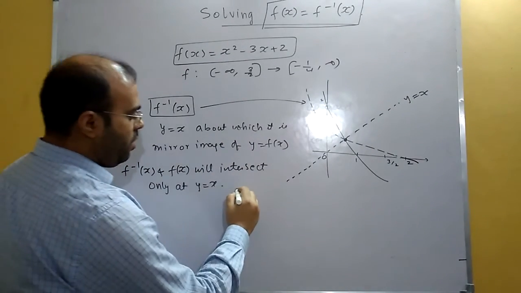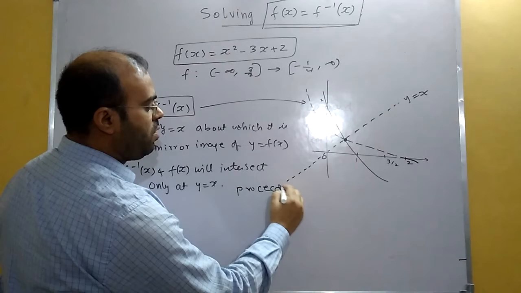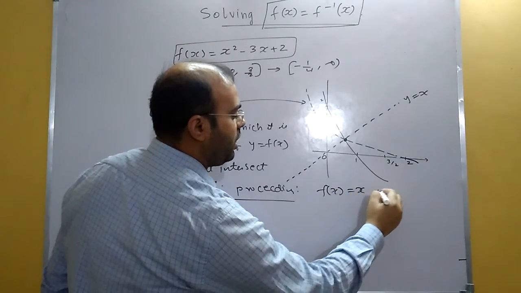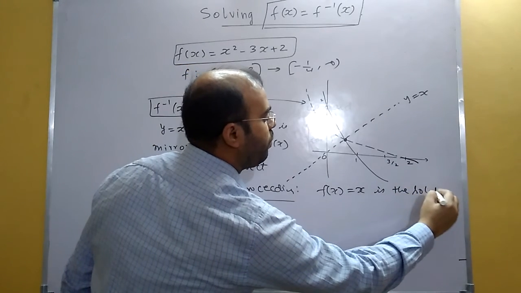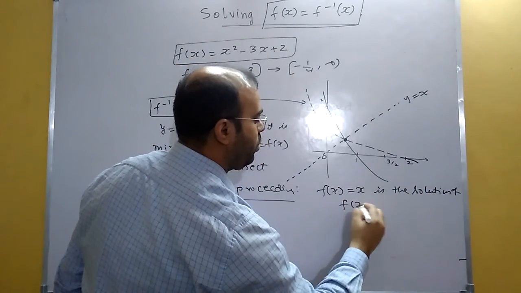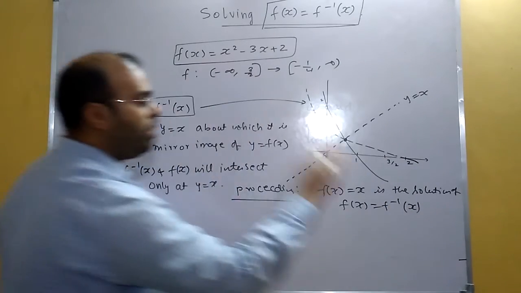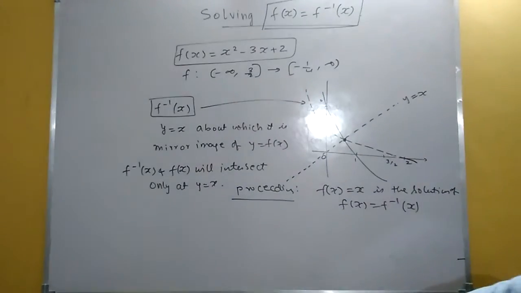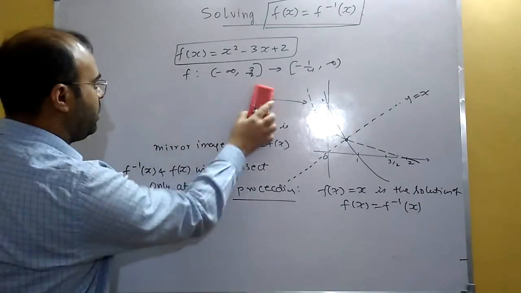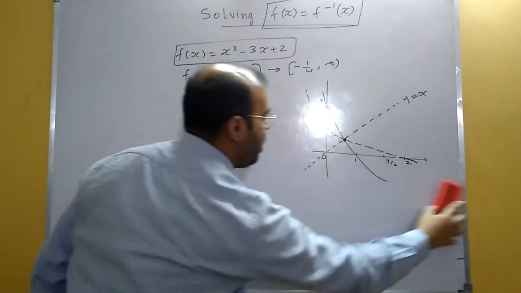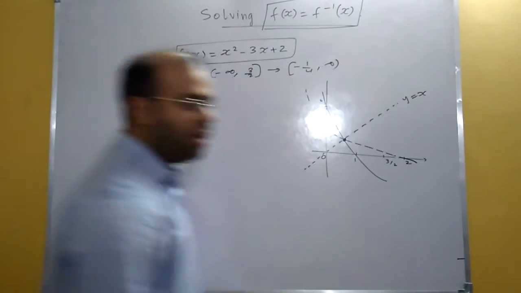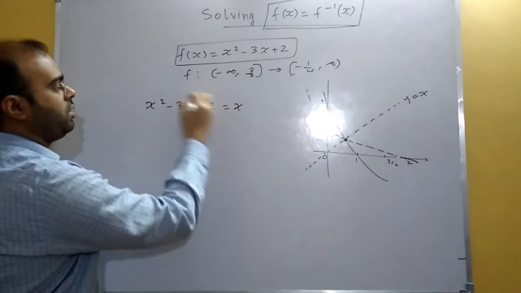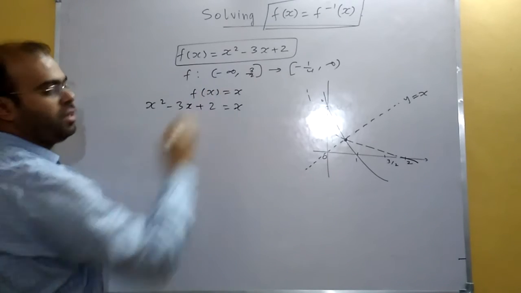That means f(x) = x gives the solution of f(x) = f inverse(x). Now let us see what this comes out to in this particular case. x square minus 3x plus 2 is equal to x. This is actually f(x) = x.